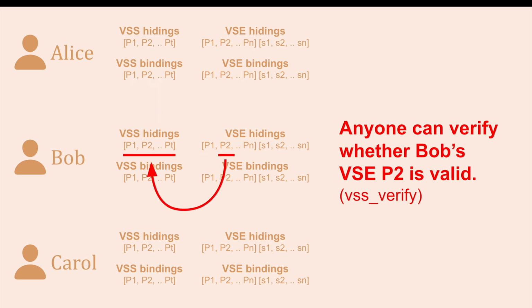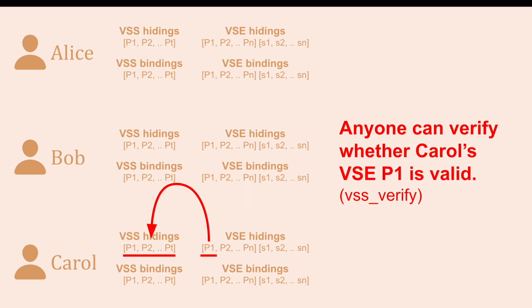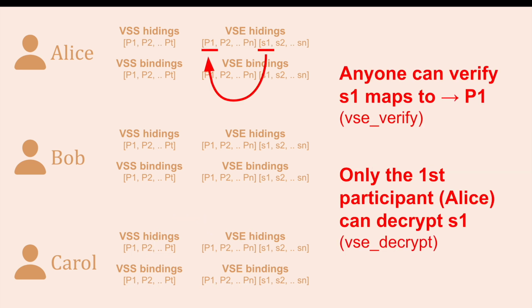So everyone does a local verification of sorts. All participants run verification for all participants. We do the same for Bob, really. P1, P2, Pn for Carol, and bindings and hidings, and when this passes, then we have another layer of verification here.